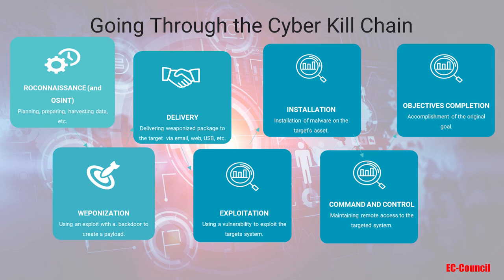In the sixth stage, called command and control, an outside server, for example, is communicating with the deployed weapons inside the target's network and by that providing continuous access to the system. And finally, actions on objectives. This is the last stage where the original objective is achieved.